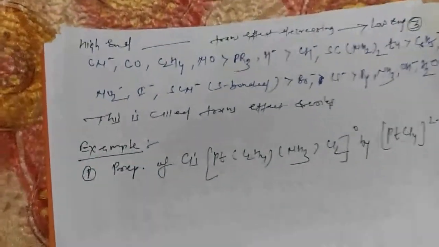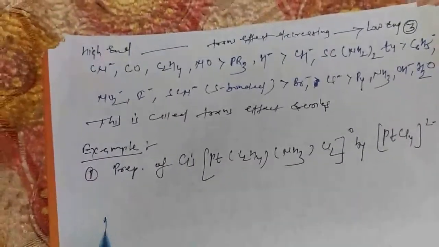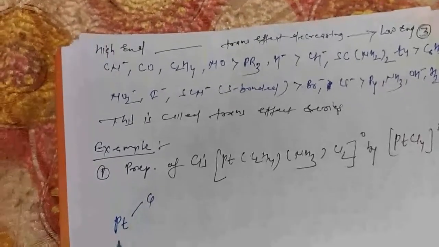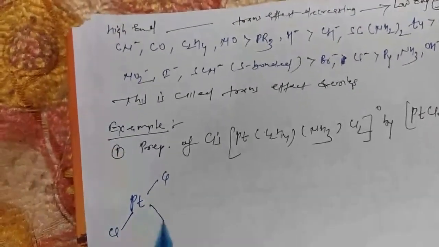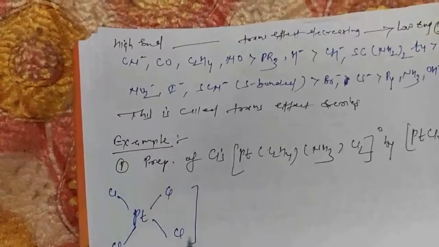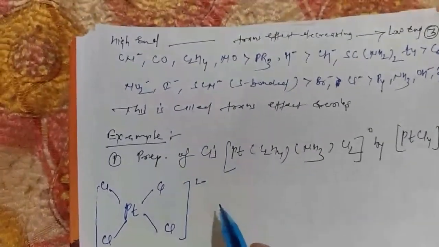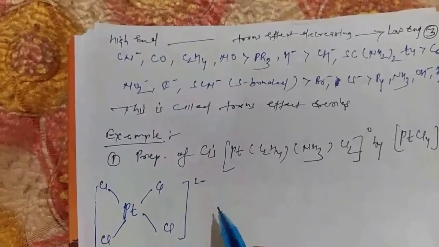Now let's see how the series will work. Our starting complex is PtCl4, which is a square planar complex, and then we have to prepare the cis isomer.